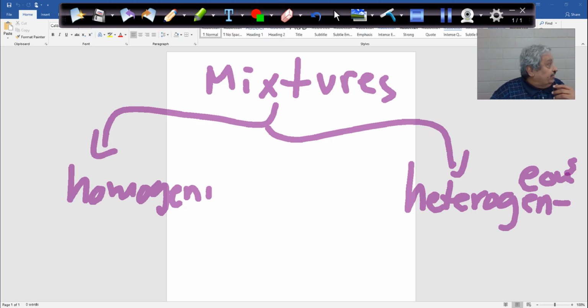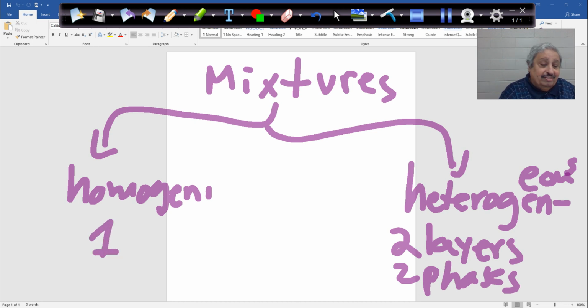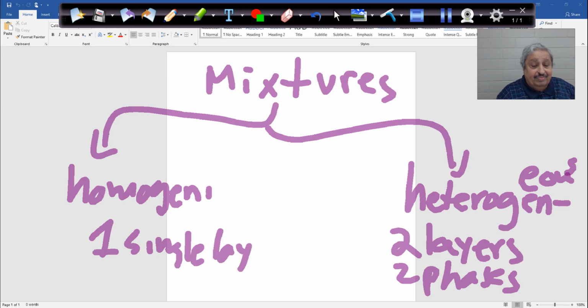What's the difference between them is just by looking at them. If you have two layers here, correct, or two phases, that's heterogeneous. If one single layer or phase, that's homogeneous.